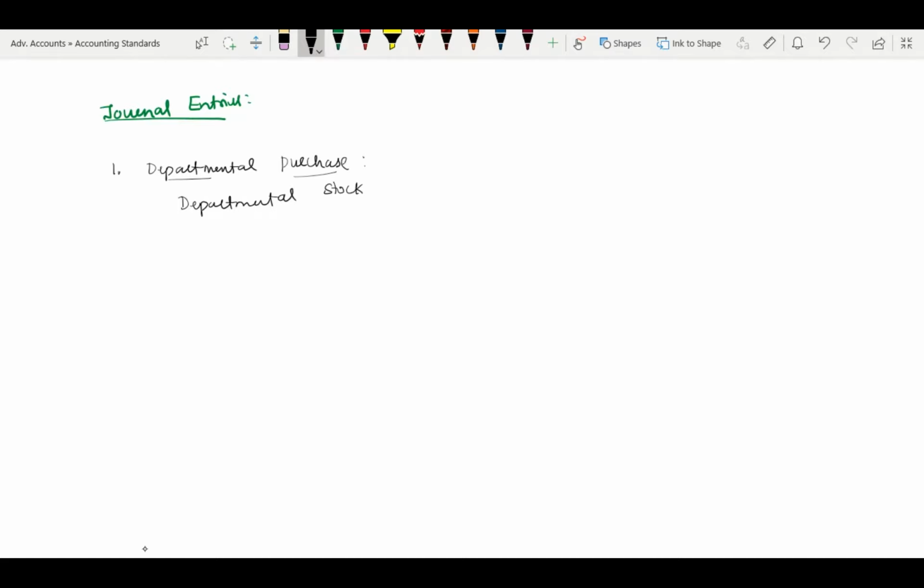Departmental stock account debit, to cash or bank or creditor account, to departmental markup account.